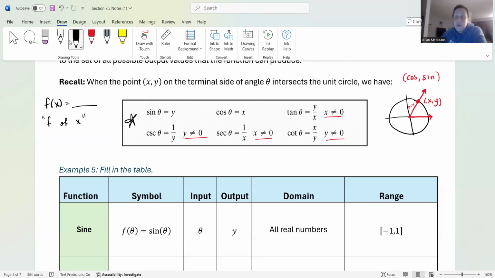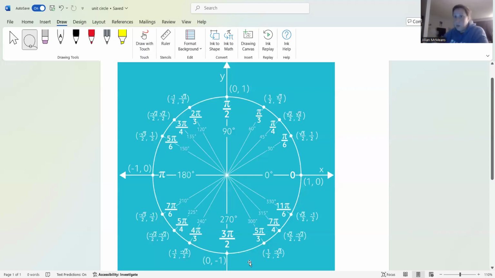Now, when it comes to the range, let's look at the unit circle, okay? We know that the output for sine is the y-coordinates of those points on the unit circle. If we look at the y-axis on the unit circle, the biggest value for sine could be 1, and the smallest value for sine could be -1.